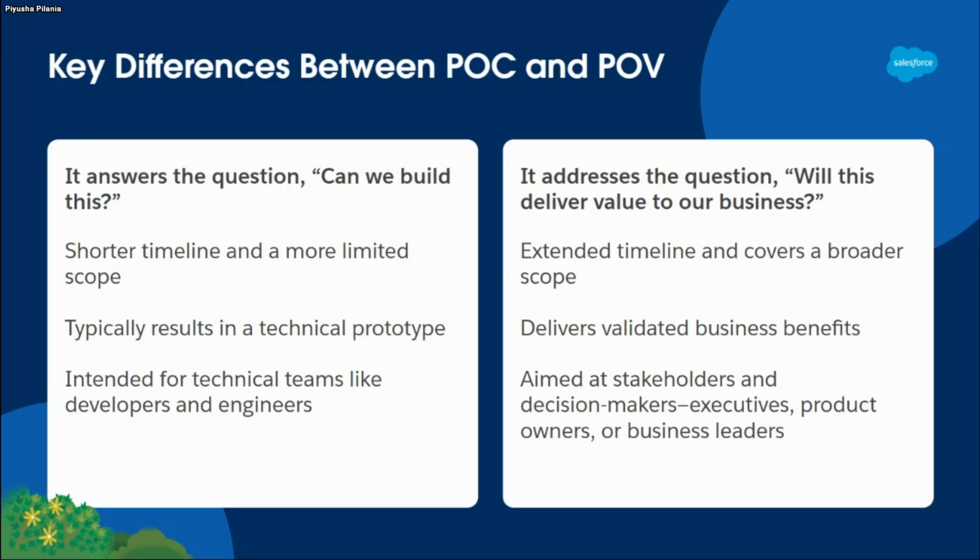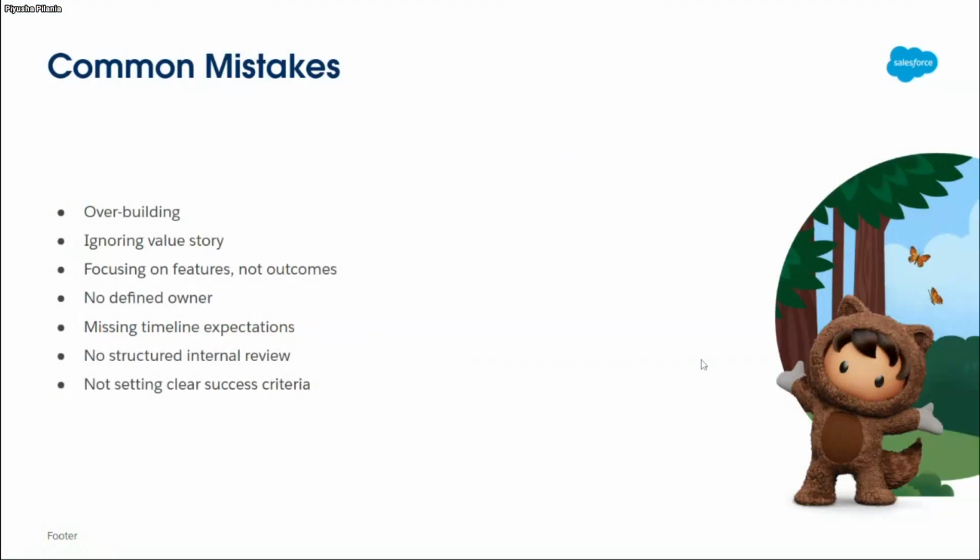And moving on to the next bit. There are some common mistakes which I want to highlight. A lot of the time for POCs specifically, people tend to overbuild. POCs normally are focused on 2-3 pain points or maybe a specific pain point.